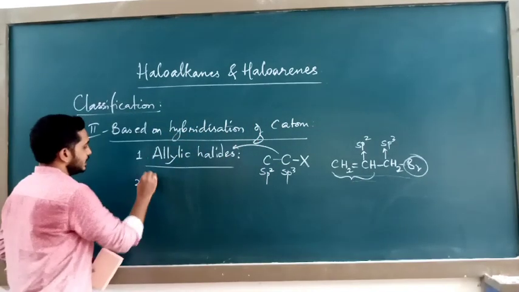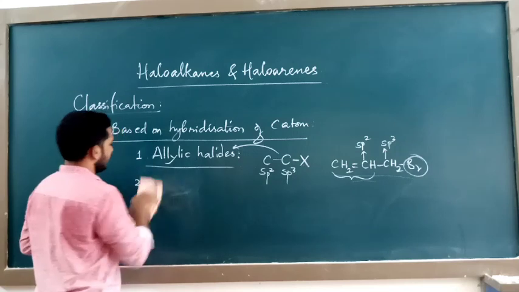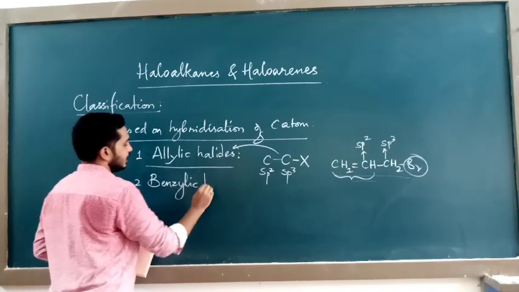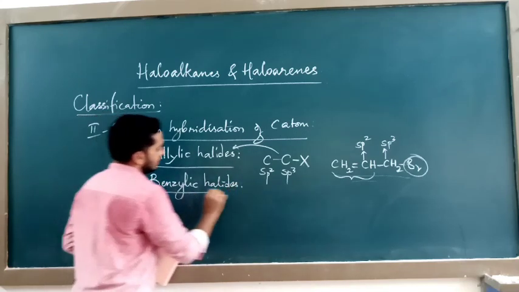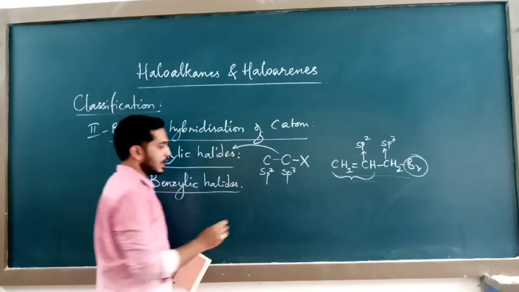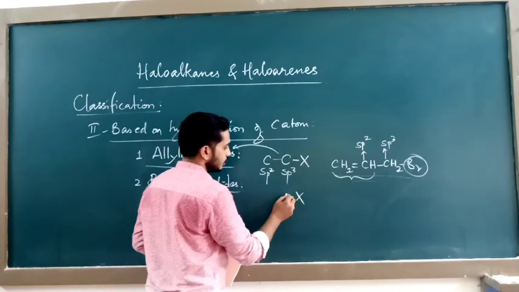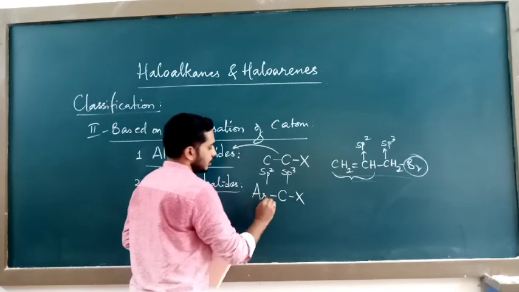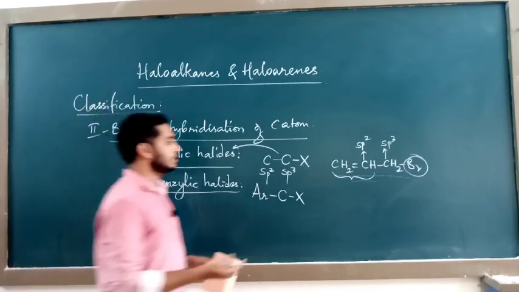Then second is benzylic halides. Benzylic halides are those in which halogen is attached to a carbon which is attached to an aromatic ring. Aromatic ring means benzene ring.